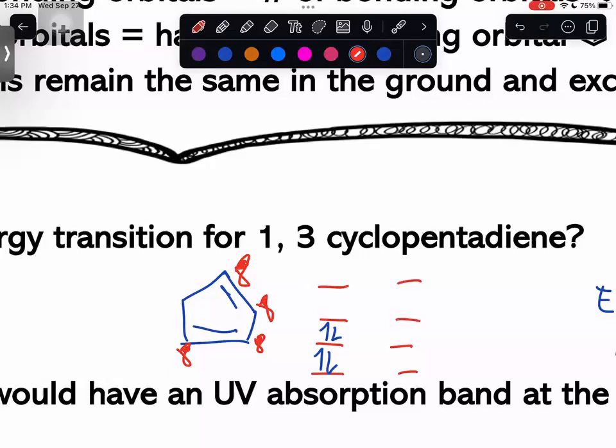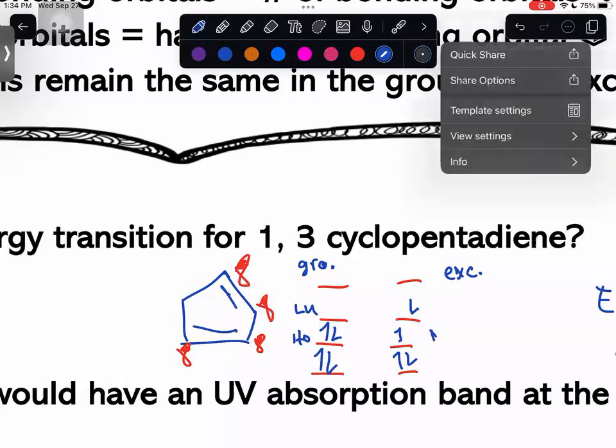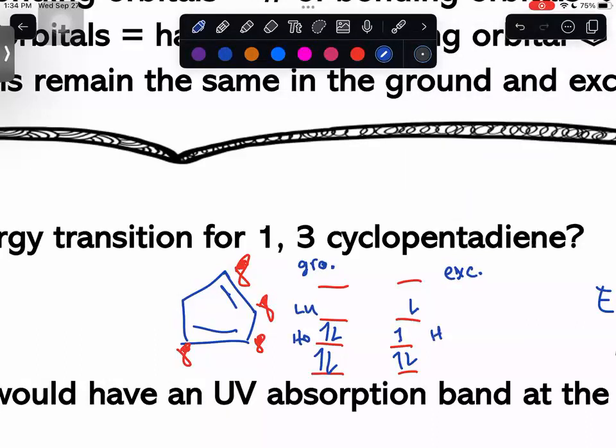Four electrons? And label HOMO and LUMO. Bonding?